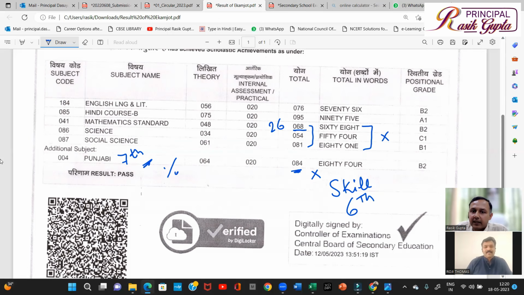Here it is clearly seen the student has scored 68 in mathematics, 54 in science, 81 in social science. All 3 are less than 84, which he has scored in the 7th subject. But because this subject cannot replace any of these subjects, even if the student fails, I do believe that this cannot be considered for calculation of percentage either.